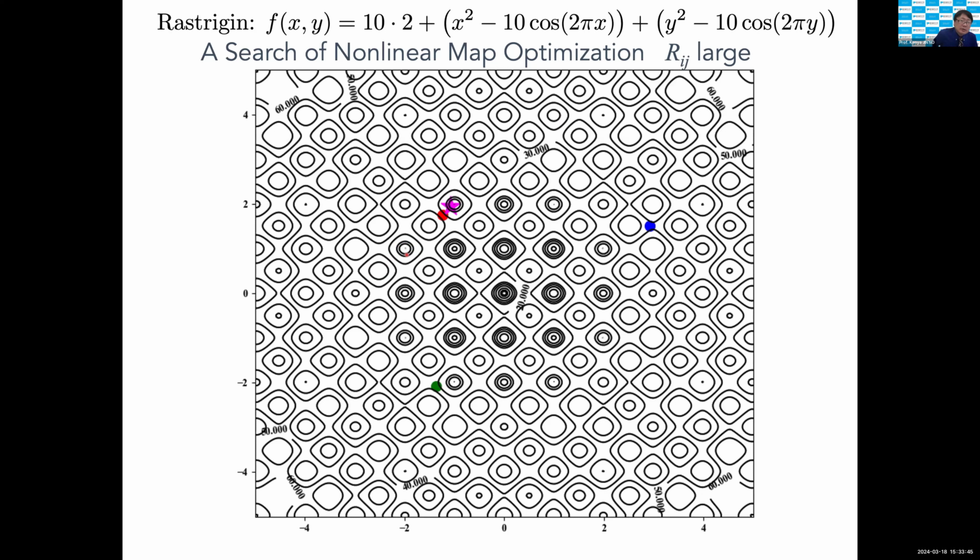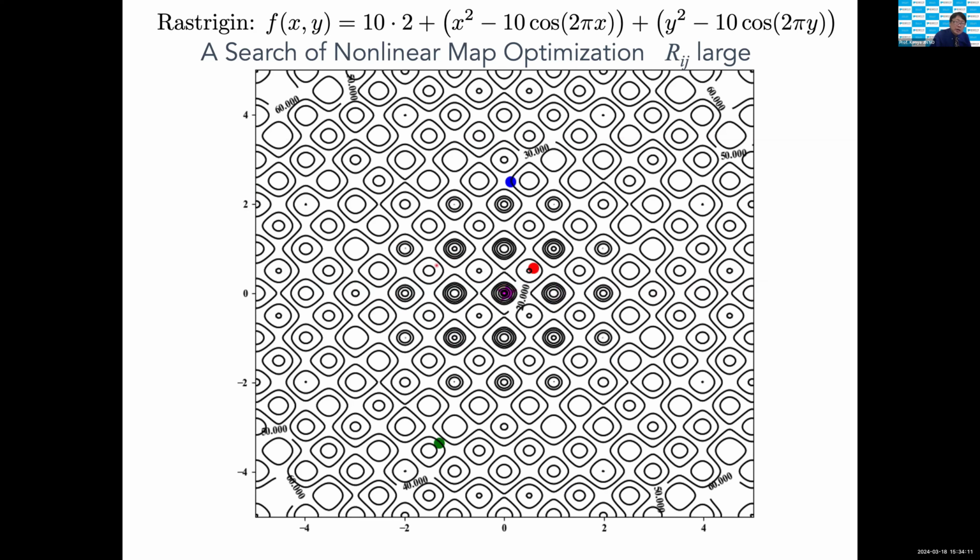On the other hand, this is a case where the value of the parameter Rij was increased in nonlinear mapping optimization. In this situation, the expansion of the search range allowed for escaping from local solutions and discovering the minimum values.